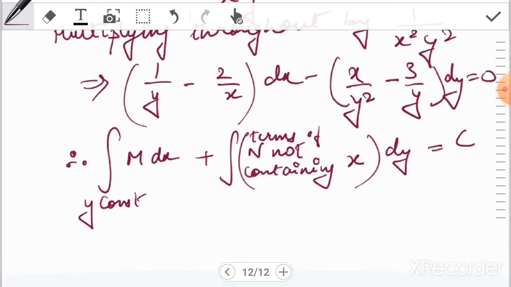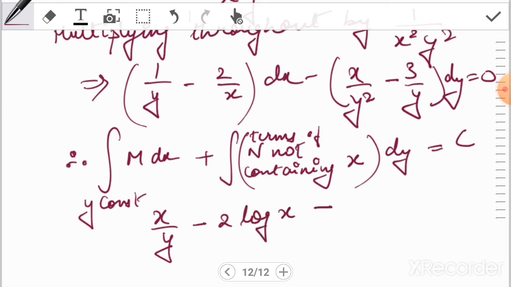So M dx, y is constant, so this will be x by y minus 2 log x.